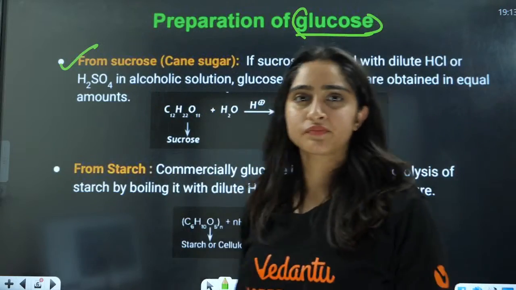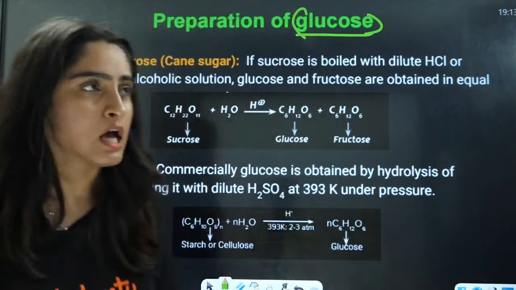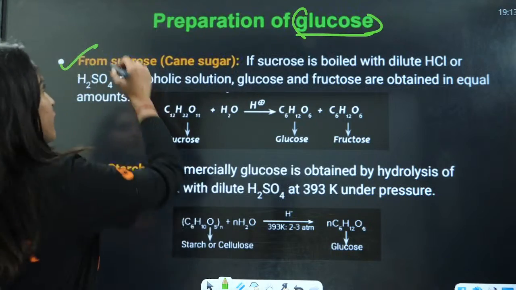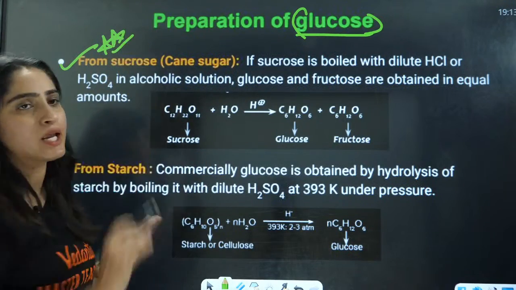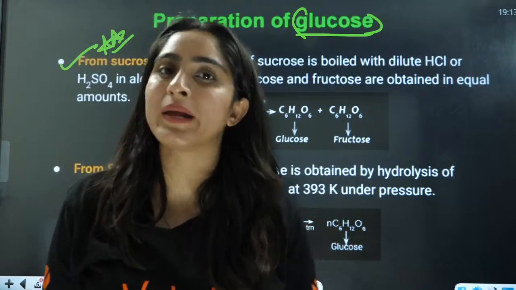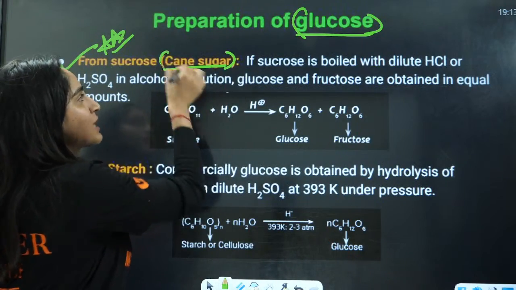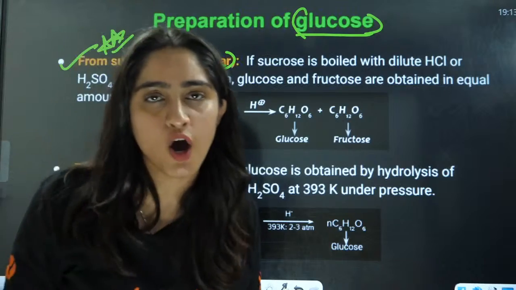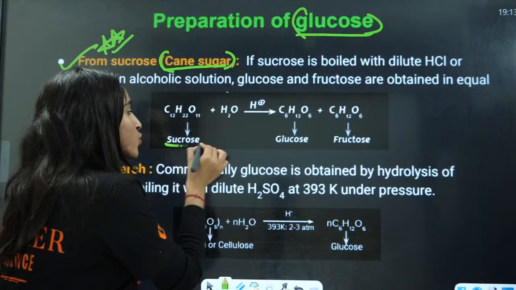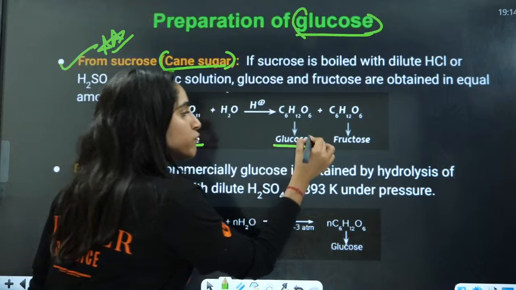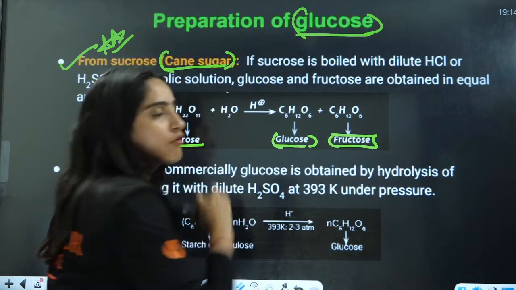Firstly, how glucose was prepared? First is from sucrose, very simple and very important. This is asked so many times in your exams. Sucrose is the cane sugar that we usually eat at our homes. This sucrose on hydrolysis gives one glucose and one fructose.